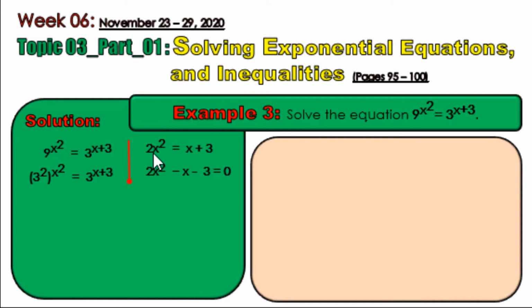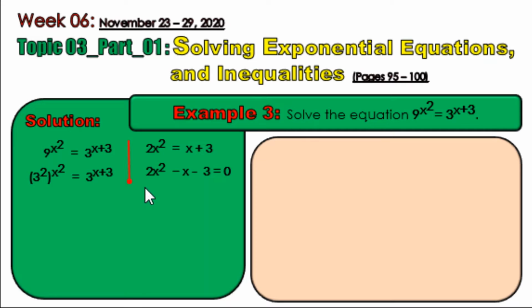So we have 2x squared. Your positive x becomes negative x. Your positive 3 becomes negative 3. And these terms are equated to 0. Okay, after equating to 0, what's next? How do we solve for the values of x?